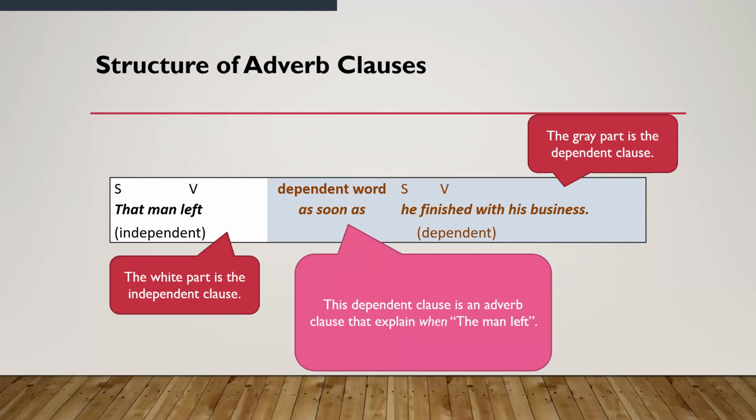This dependent clause is an adverb clause because it explains when the man left. If we read it, it will be: the man left as soon as he finished with his business. So this dependent clause, as soon as he finished, explains what the man did in this sentence.